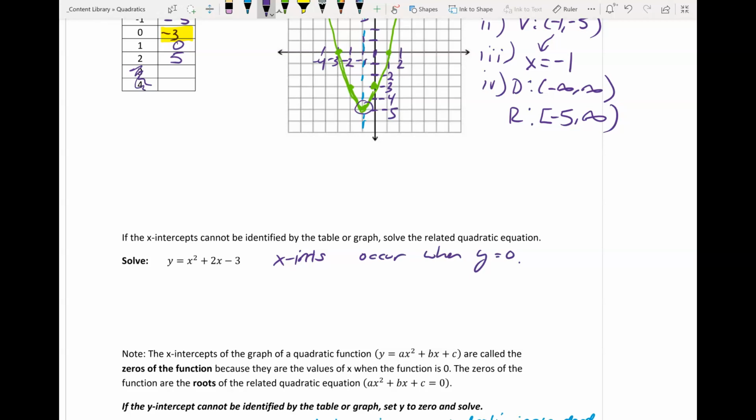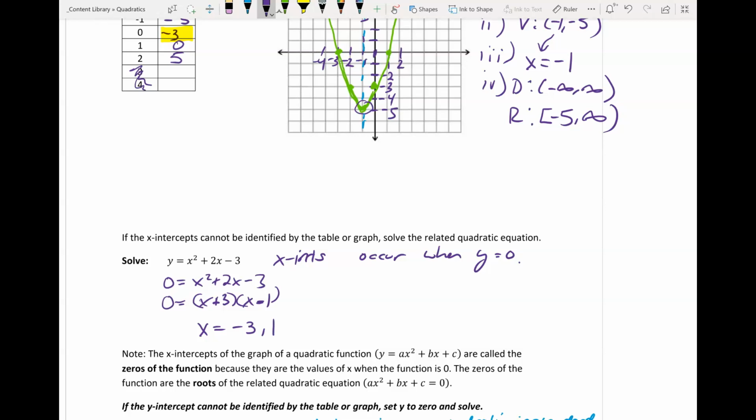So that means we can set y equal to 0, and then we want to solve for this. To solve for this, we're going to factor. Your factors of 3 are 3 and 1, and to get a +2, you need a +3 and -1. So then your x-intercepts, or your x values, are going to be at -3 and at 1.